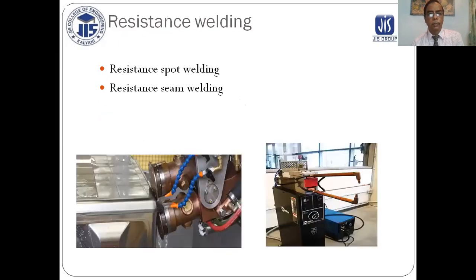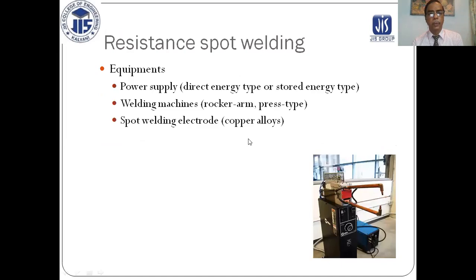Resistance welding: resistance spot welding and resistance seam welding. This is spot welding, for example. Equipment: power supply, direct energy type or stored energy type, welding machines, rocker arm base type, and spot welding electrodes, which are copper alloy.